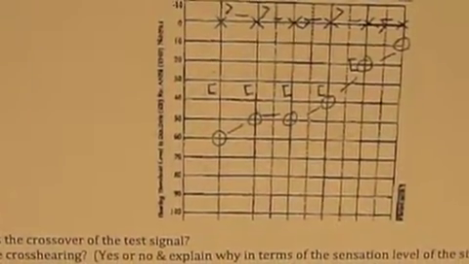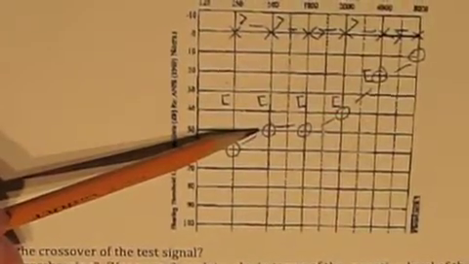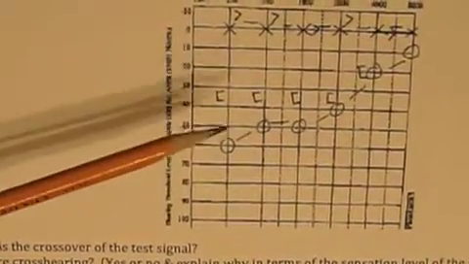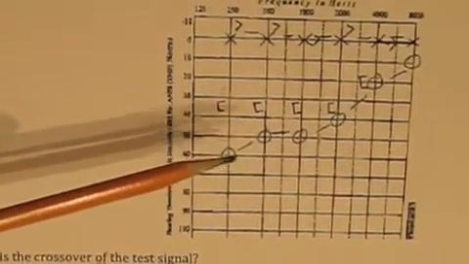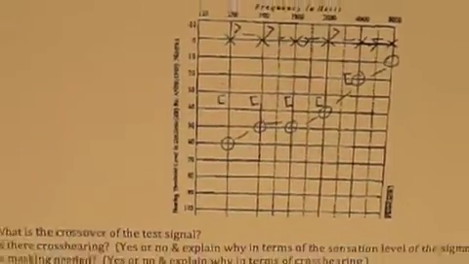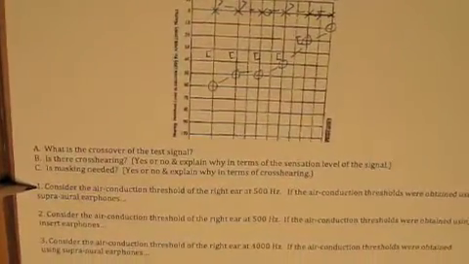So in order to figure out the crossover, we take the presentation level of that signal, 50 dBHL, minus intraoral attenuation, which is 40 dBHL, and that would give us a crossover for 1A of 10 dBHL.